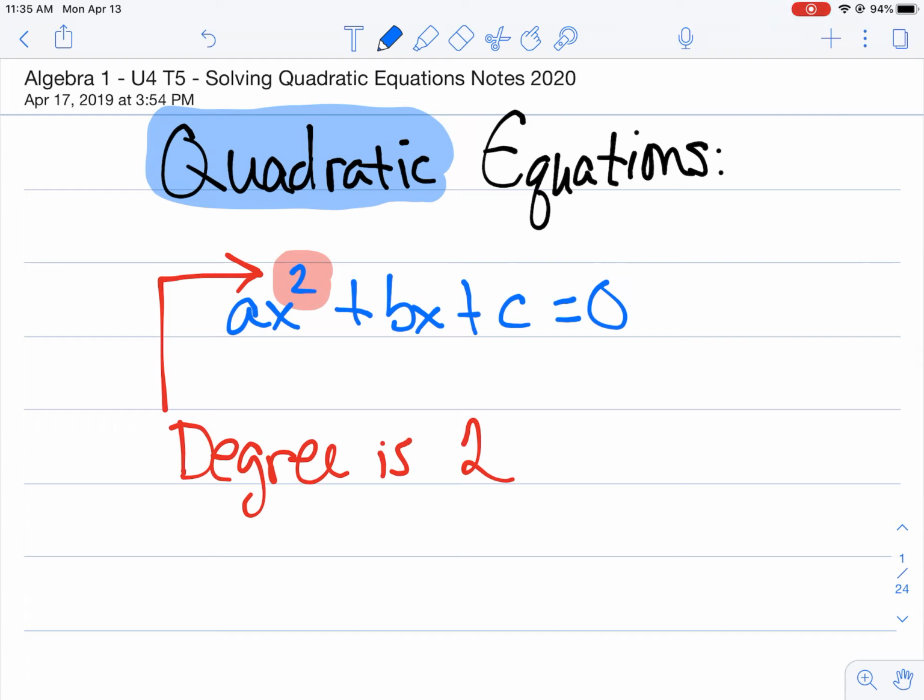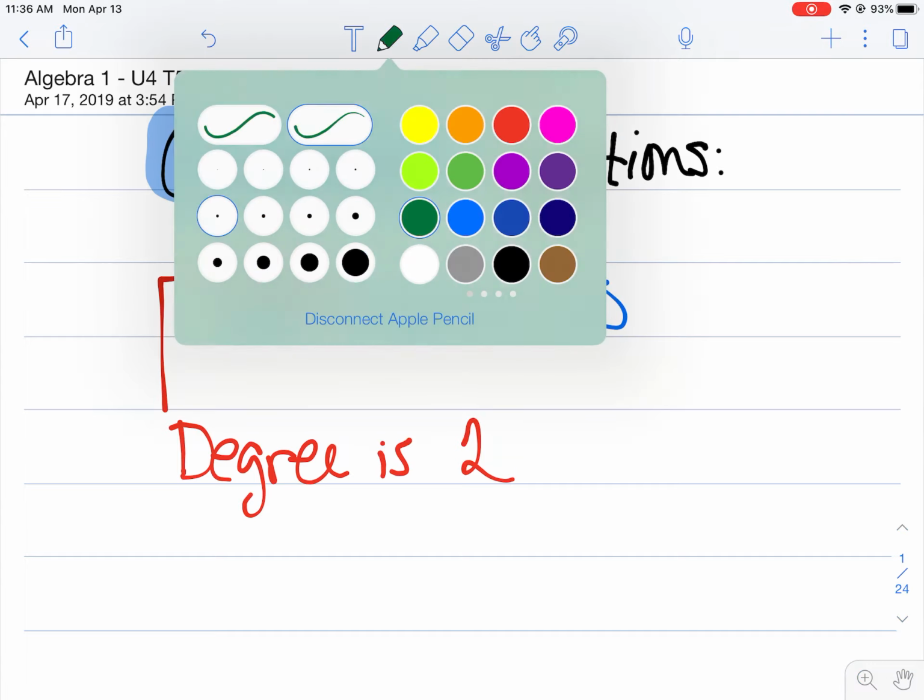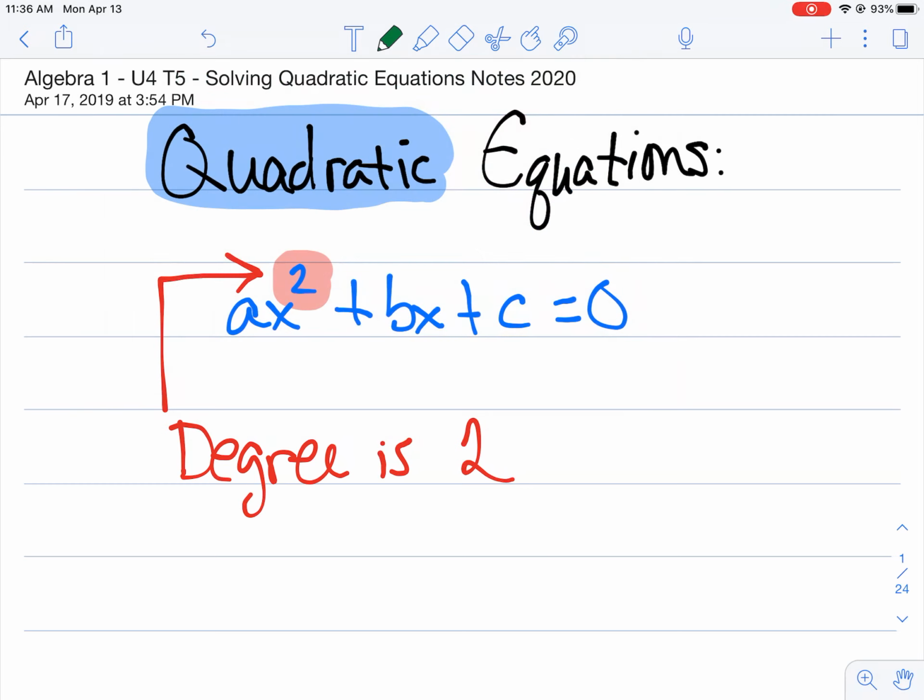Degree is 2. When we're solving equations, the degree of the polynomial in the equation also tells us the number of solutions of the equation. This is a very famous result called the fundamental theorem of algebra.